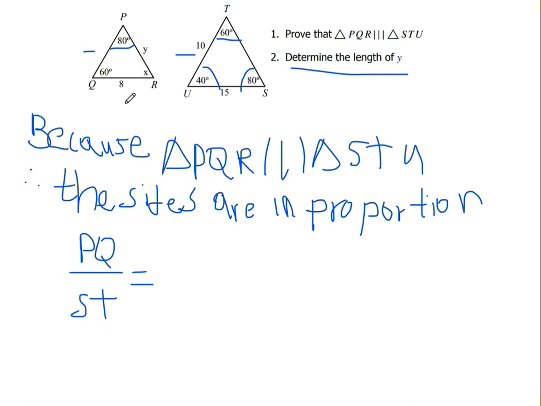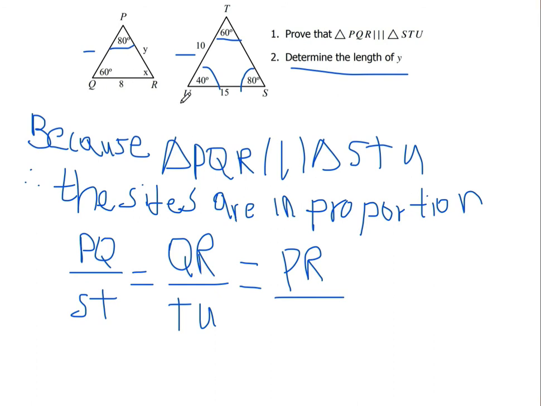We can say QR over, what is the side proportional to QR? 60 to 40, which is TU. So QR over TU, and this is equal to PR over, the only sides that are left, which is SU.